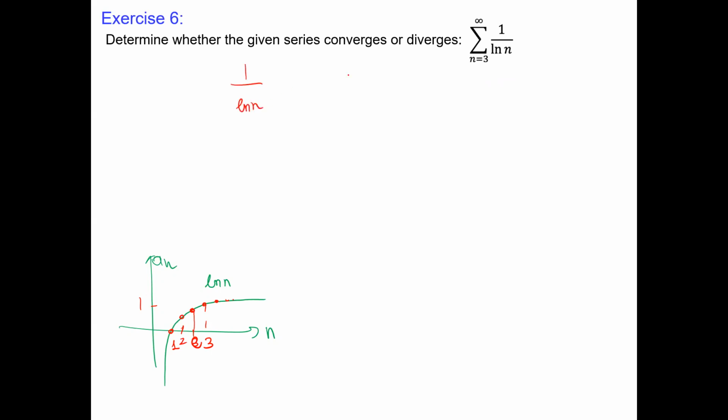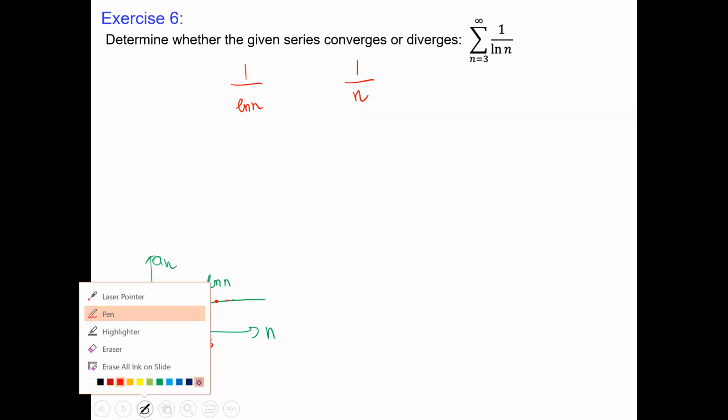Okay, how can I compare natural log of n? Depends what relation we need. Sometimes it's good to compare with n and sometimes with maybe just 1, but 1 will not be helpful here. Let's try comparing with n. Which fraction is greater? I have the graph, I can use it.